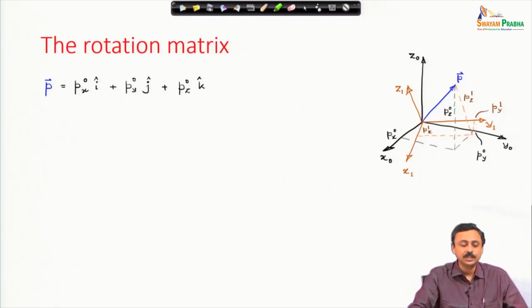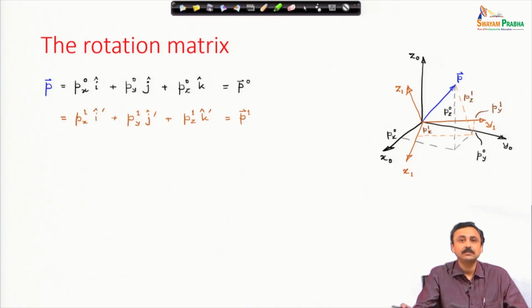Therefore, this is the representation of that same vector p in x 0, y 0, z 0. The same vector, and this I will write to differentiate, not that these two vectors are different, but p superscript 0 shows the representation of p in frame 0, just to make it clear, but the vector p, mind you, is the same.